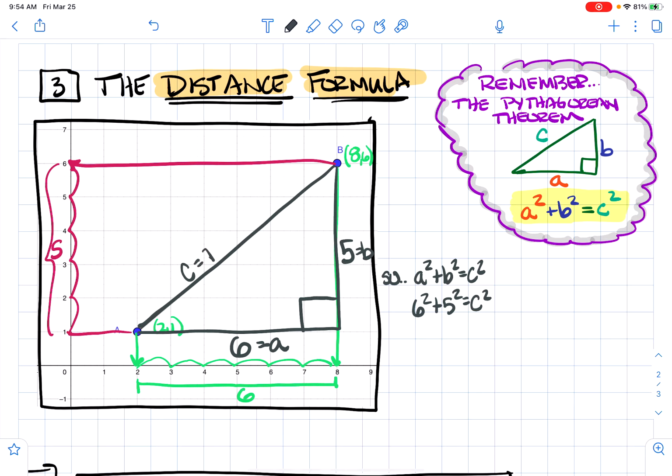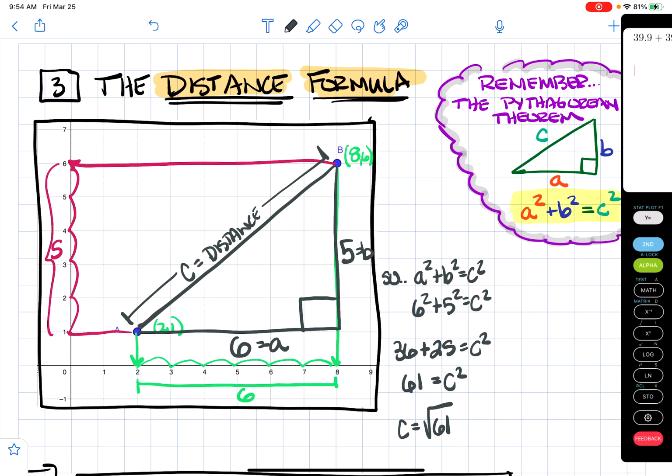C is the distance I'm looking for between A and B. This is no big deal. 6 squared is 36. 5 squared is 25, and that's equal to C squared. So 36 and 25 is a grand total of 61, equal to C squared. So therefore, C is just going to be the square root of 61.